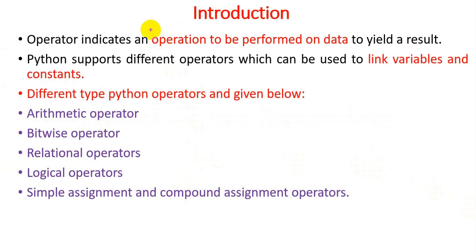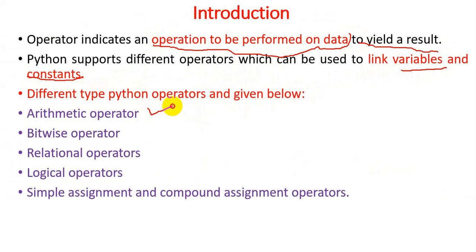An operator indicates an operation to be performed on data to yield a result. Python supports different operators which can be used to link variables and constants. Different types of Python operators are given below.